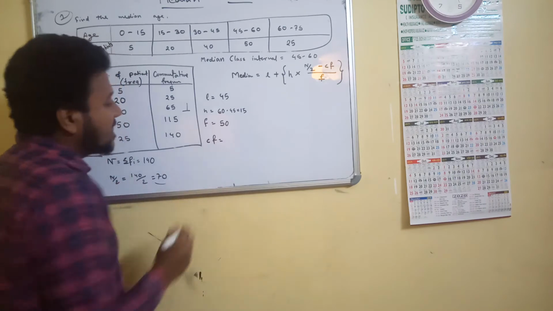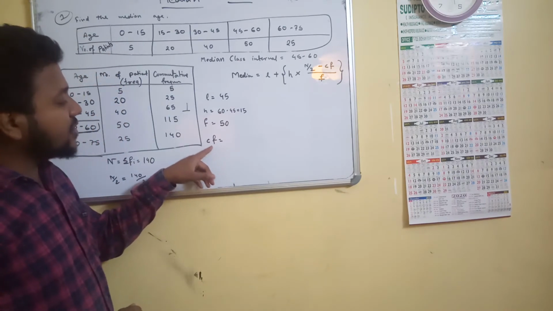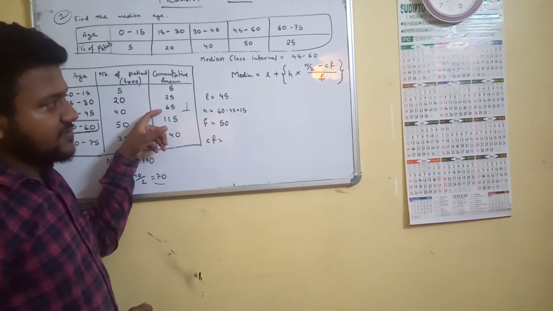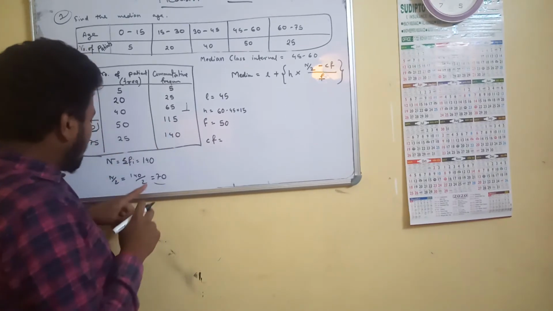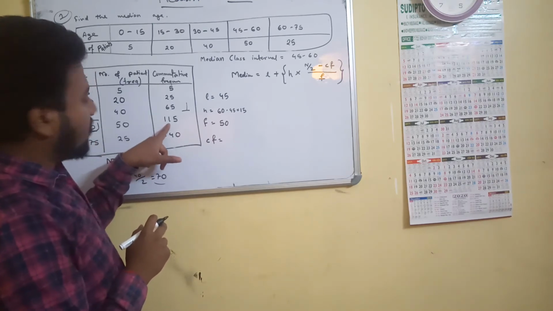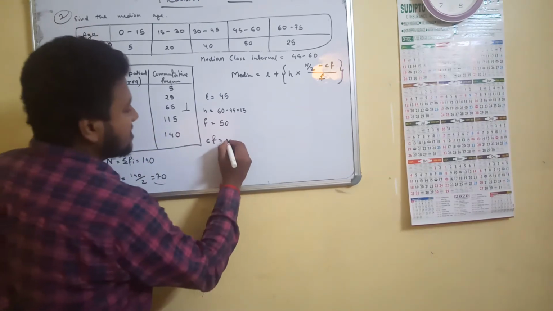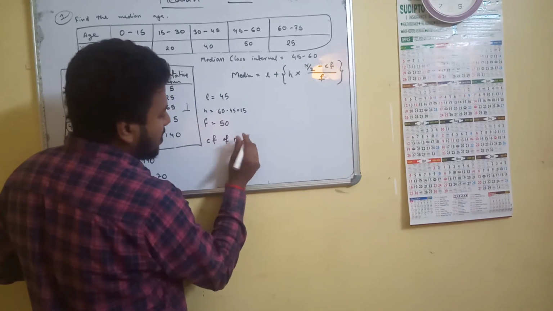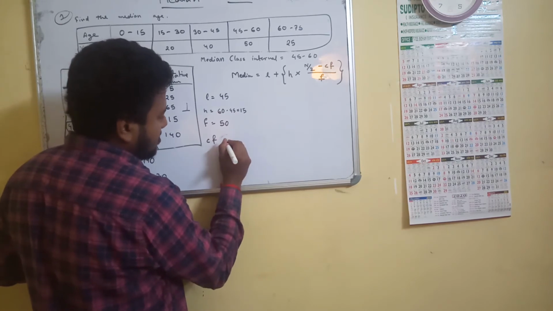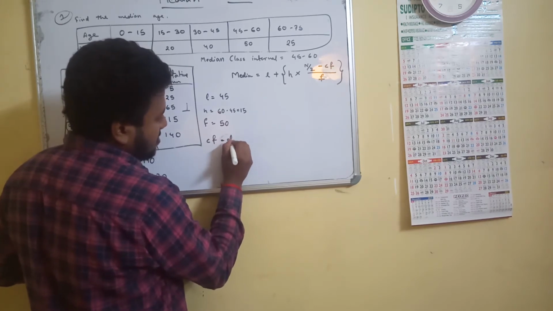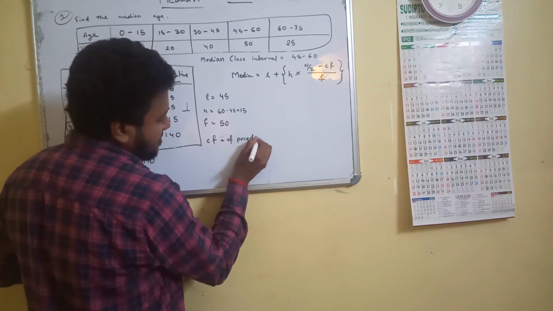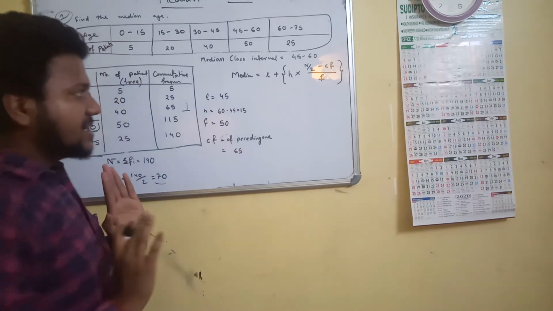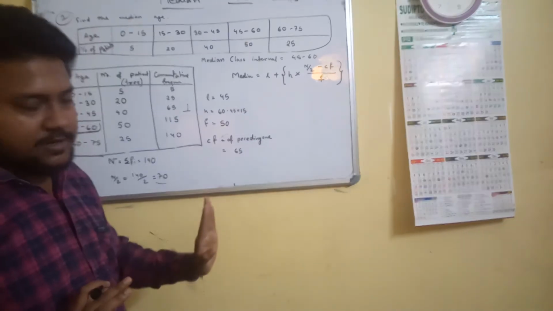CF is the cumulative frequency of the class preceding the median class, which is 65. Clear? So we have got all the terms.